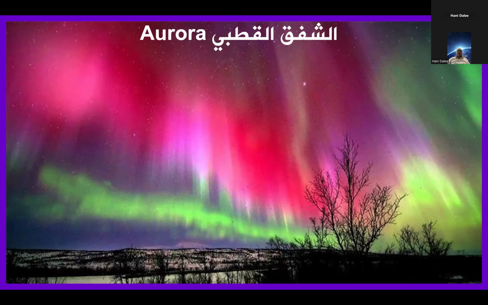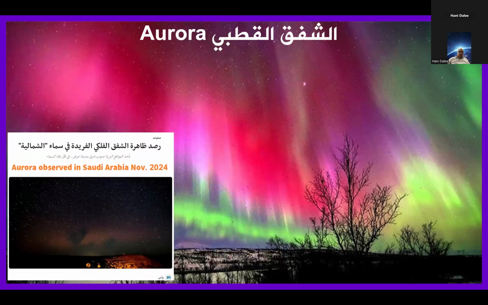Ten days ago, we could see the aurora from Saudi Arabia, as mentioned in one of the newspapers. The people could see the aurora. Of course, this is the photo they recorded, and this is not rare. Actually, Arabian history has recorded that aurora was seen even in Yemen.